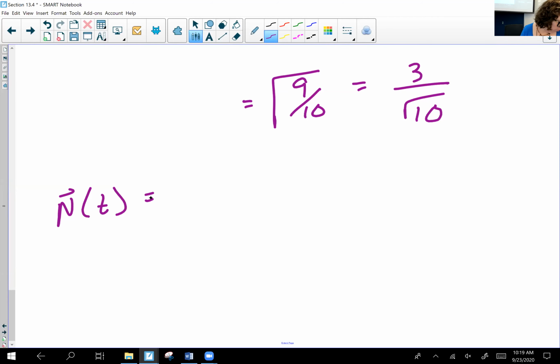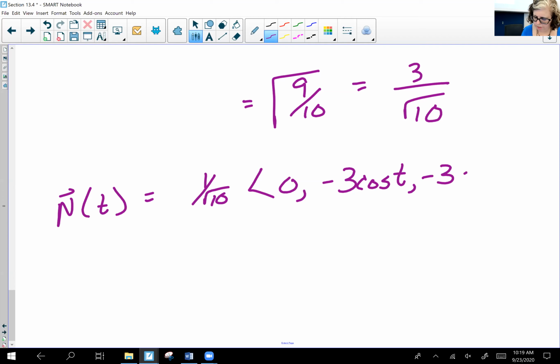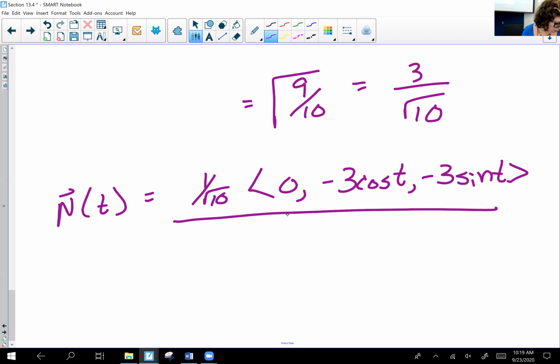Okay. So I really need to finish this problem. So we're going to have 1 over the square root of 10, and then this is 0, -3 cosine of t, -3 sine of t. All right. And then down here, I'm going to have 3 over the square root of 10.